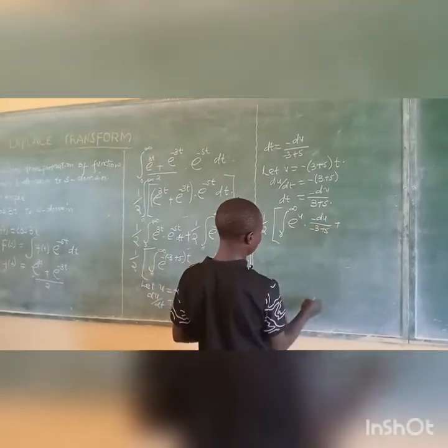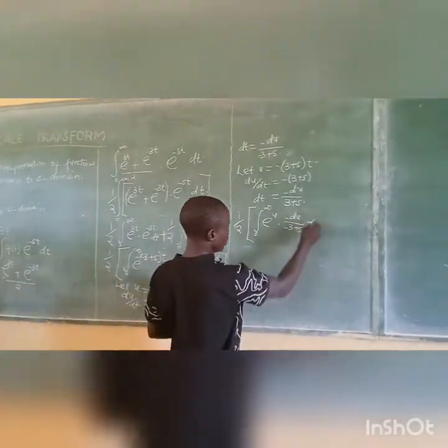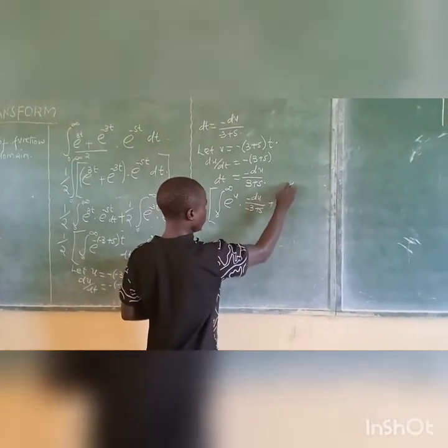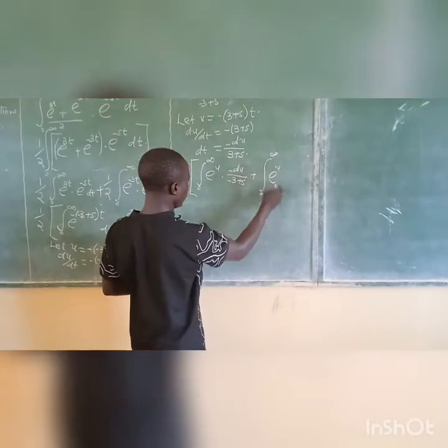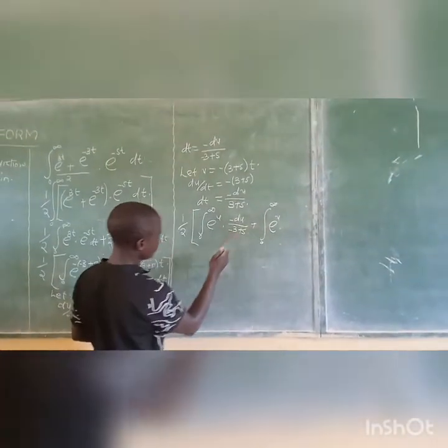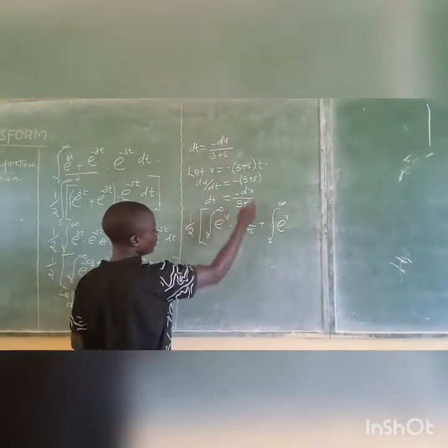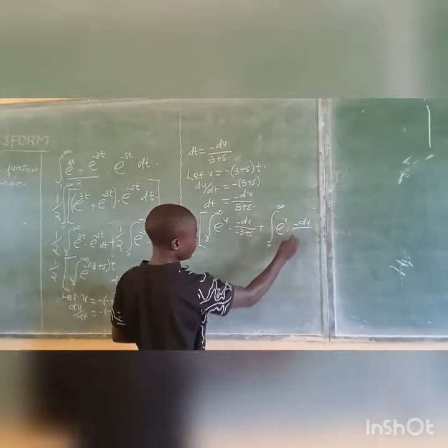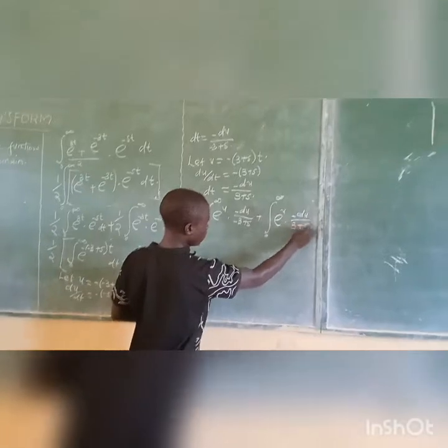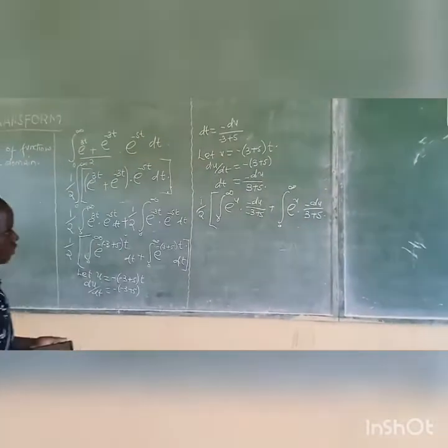Then plus integrating from 0 to infinity exponential u, multiplied by this value, negative du over 3 plus s.